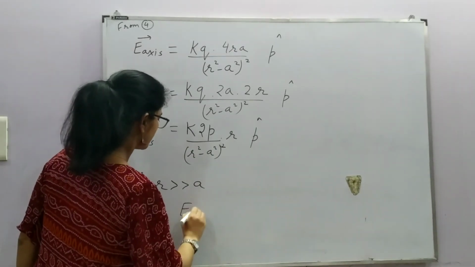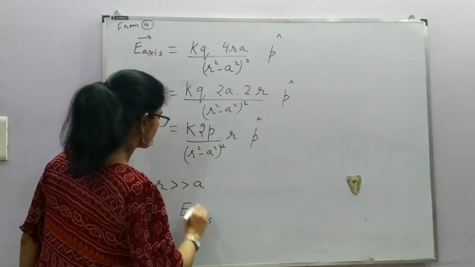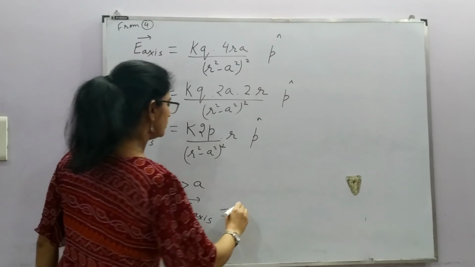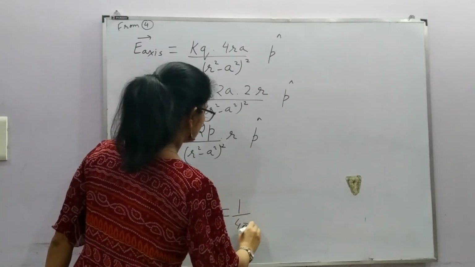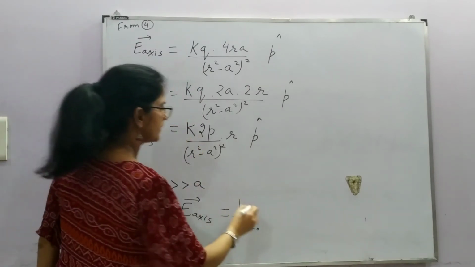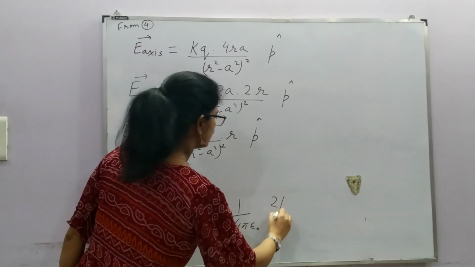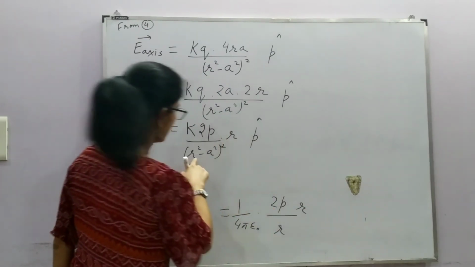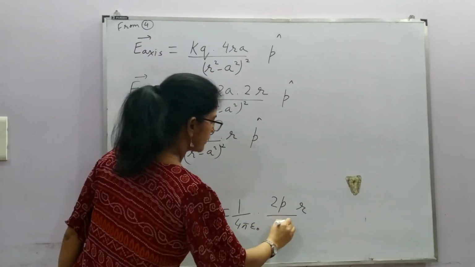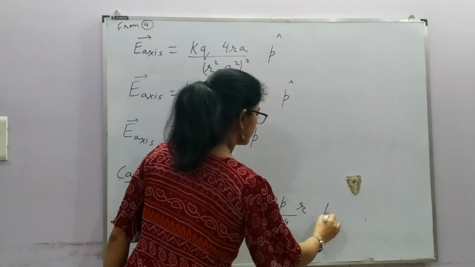So this makes it E at an axis is equal to K, that means 1 by 4 pi epsilon naught. I am replacing K by this, 2P, R as it is. So this is R square to the power 2 makes it R to the power 4 into P cap.